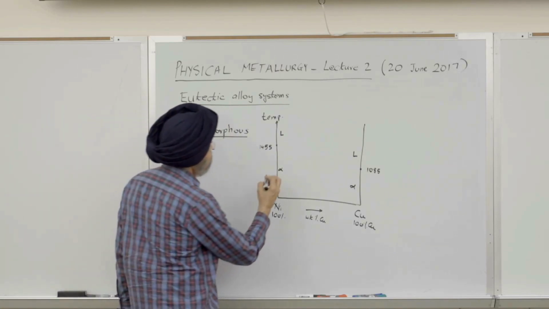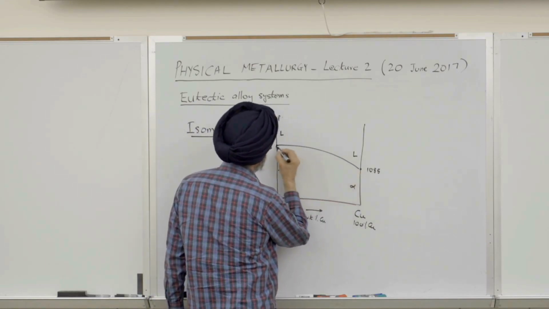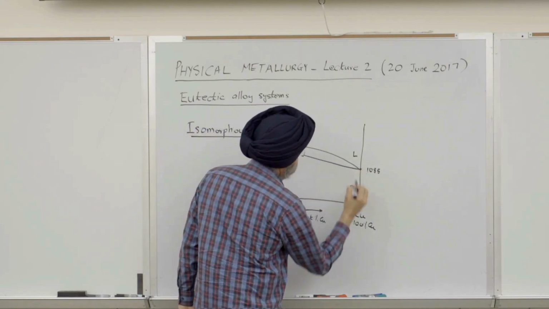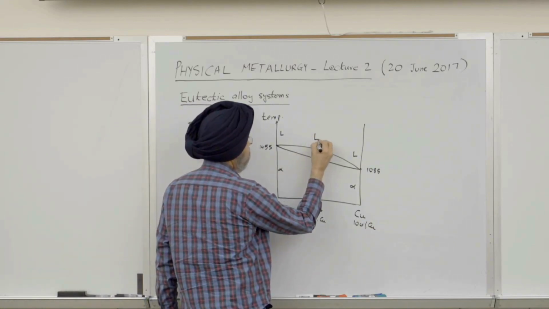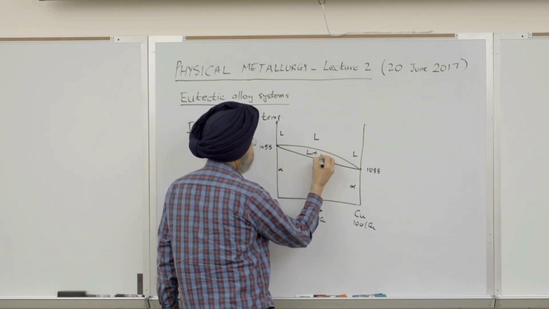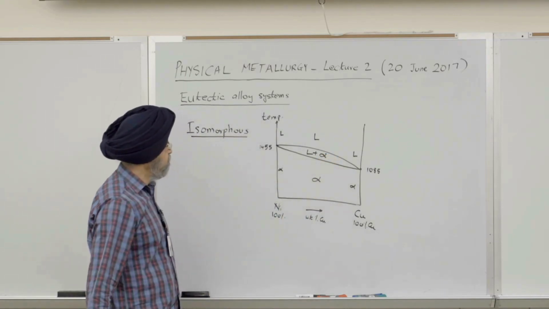The phase diagram is isomorphous, so it has this kind of topology: liquid here, liquid plus solid alpha, and solid alpha over here.